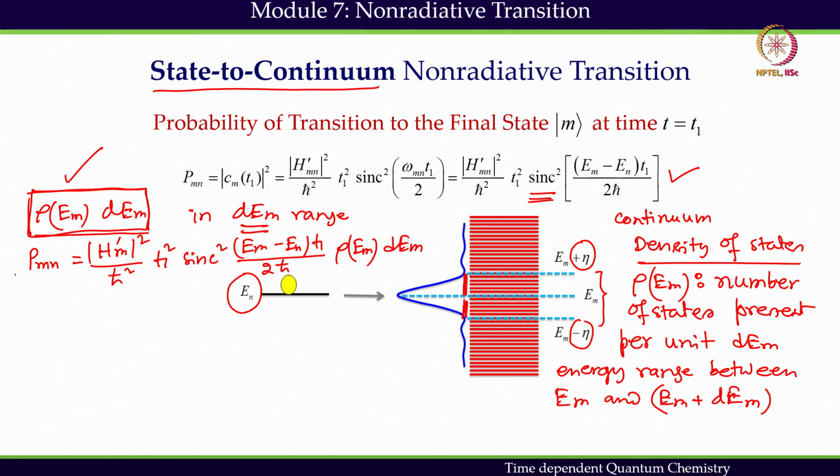So this is the total probability of transition to this many states.